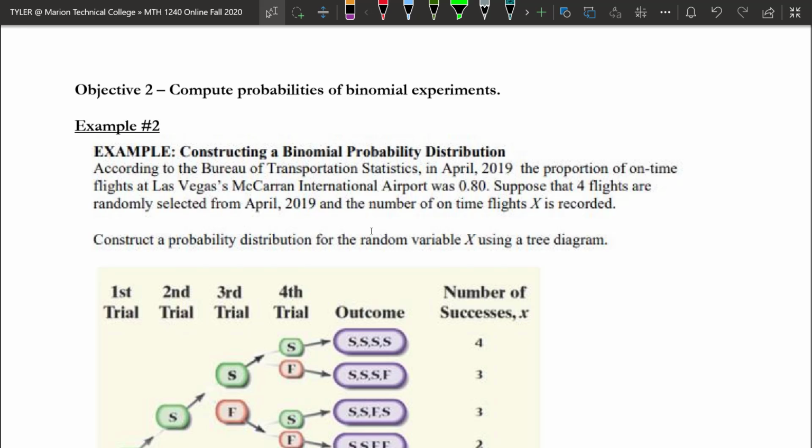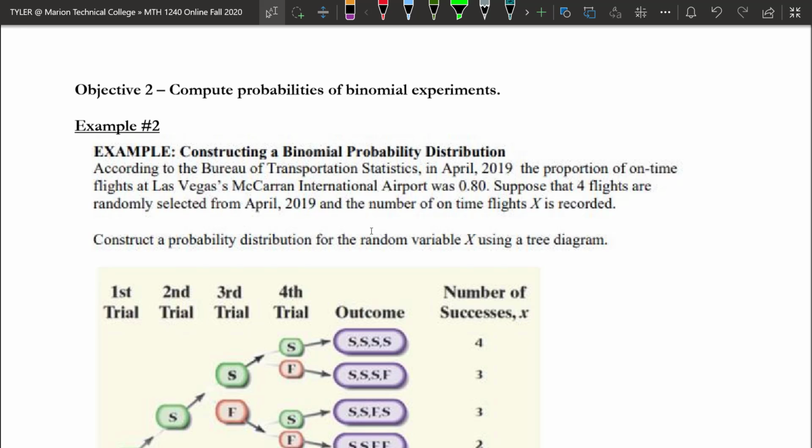This is a different one, but is, like I said, similar. So it says, according to the Bureau of Transportation Statistics in April 2019, the proportion of on-time flights at Las Vegas's McCarran International Airport was 0.8. Suppose that 4 flights were randomly selected from April 2019, and the number of on-time flights X is recorded.